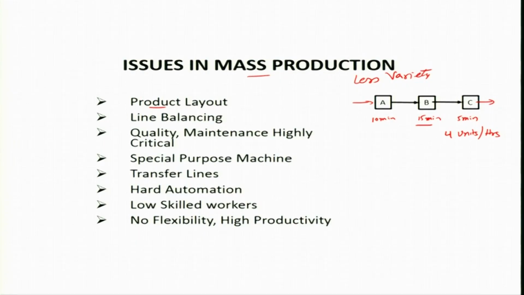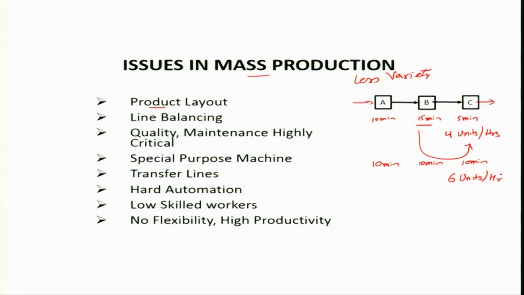But if I am able to transfer 5 minutes of work from B to C, then A has 10 minutes of work, B has 10 minutes, and C also has 10 minutes. By balancing the work across the 3 workstations, I can now produce 6 units per hour. So, that is the concept of line balancing.